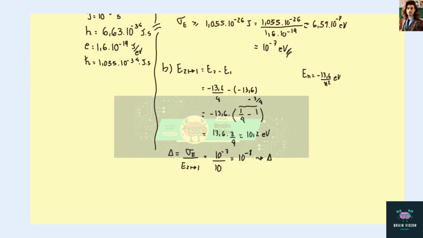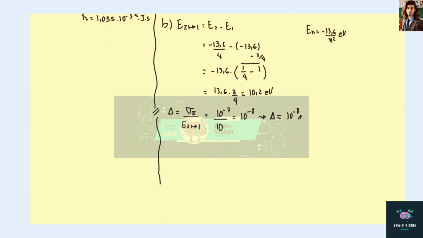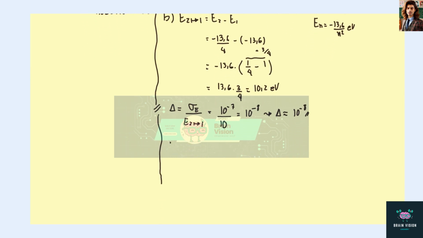So the ratio is approximately 10 to the minus 8. Remember that both this 10 to the minus 7 and this 10 are approximations, so this is why we have an approximate sign here.